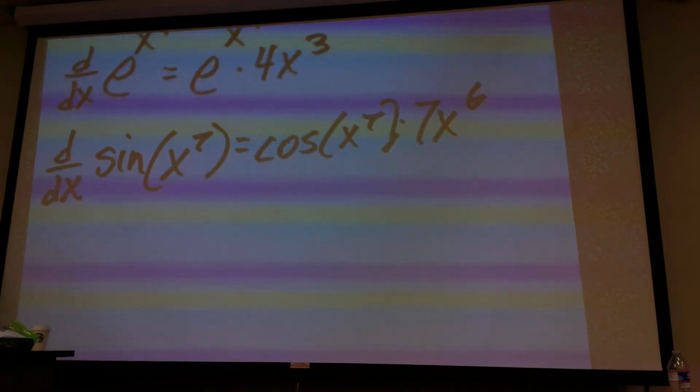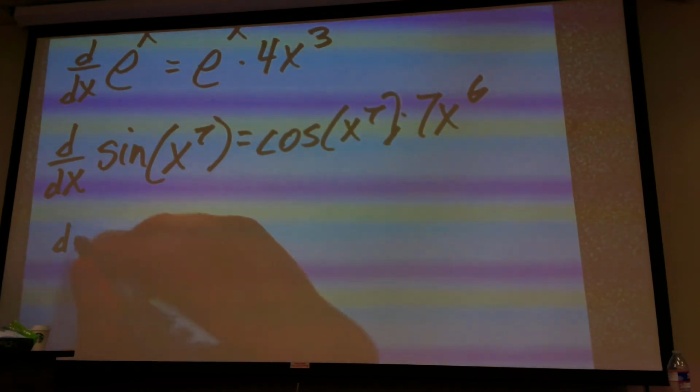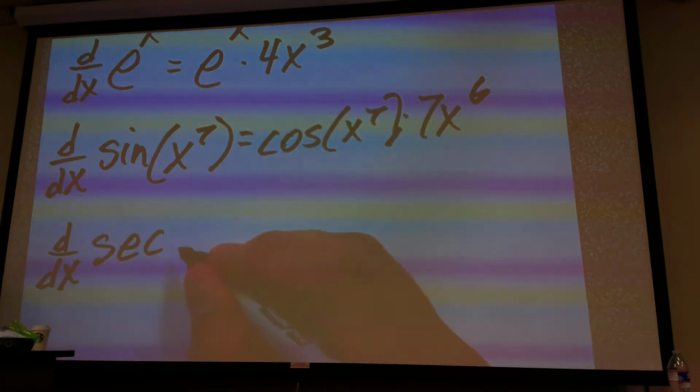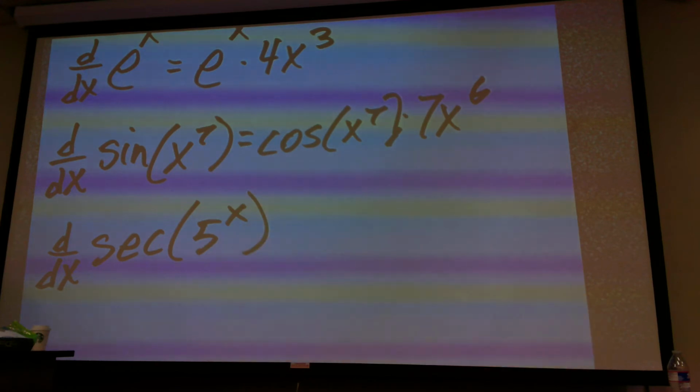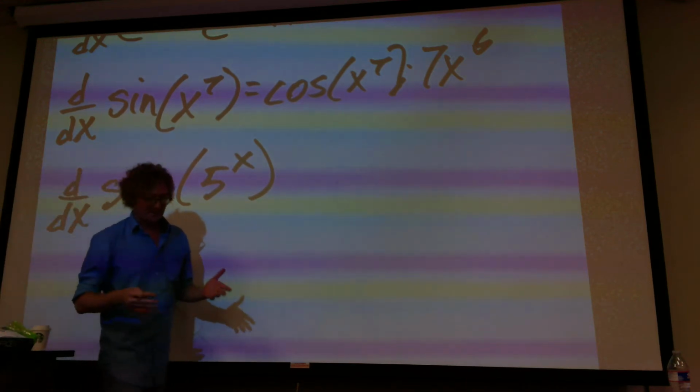Here's one that throws people off some. So let's say I was going to take the derivative with respect to x of secant of, let's say, 5 to x. Okay, now when you do this one, you just need to remember that the derivative of secant is secant tangent.